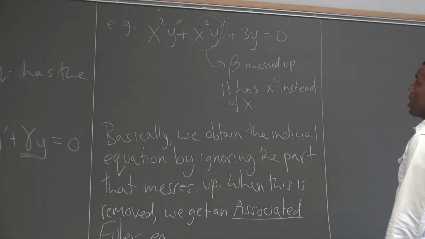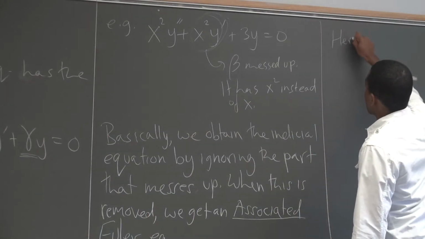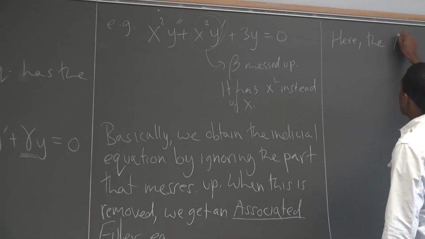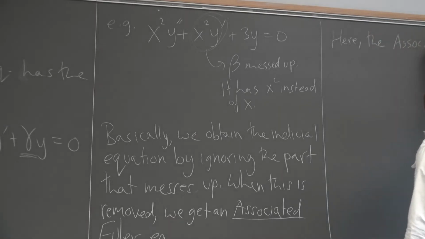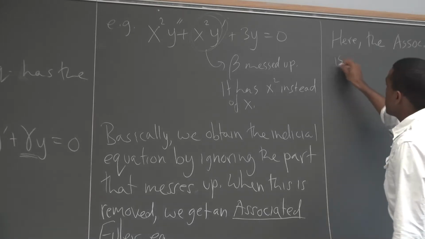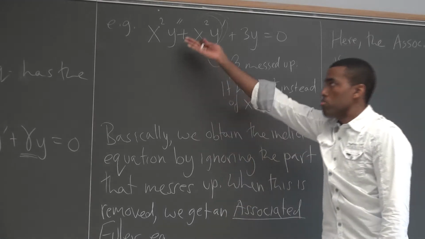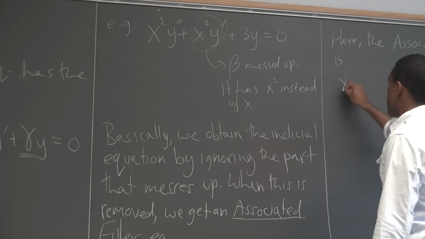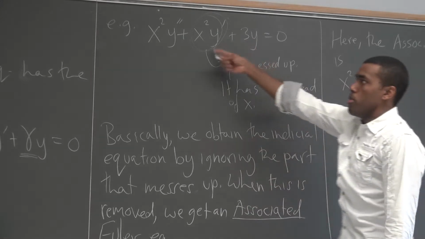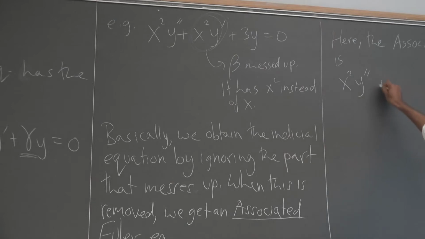So here, the associated Euler equation is basically: alpha is fine, has the right form, you write it down. Beta messed up, just skip it. So we only care about the guys who maintain the form, right?